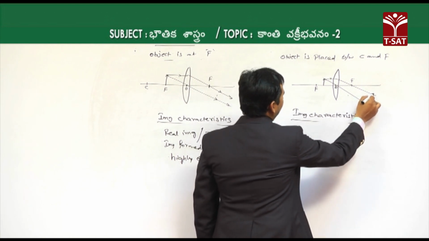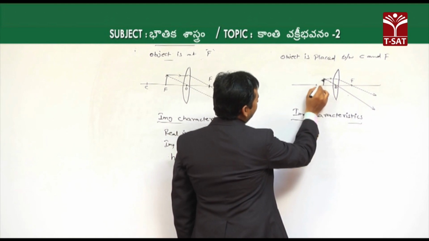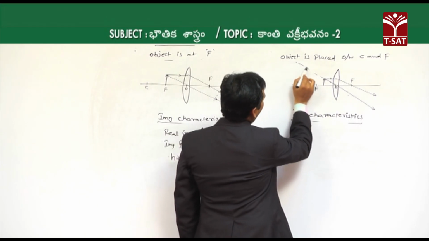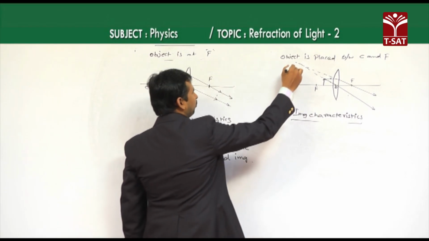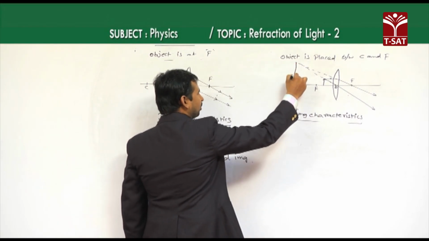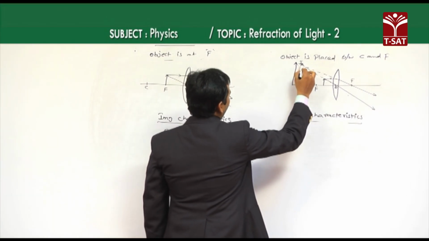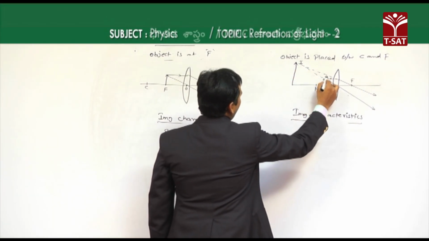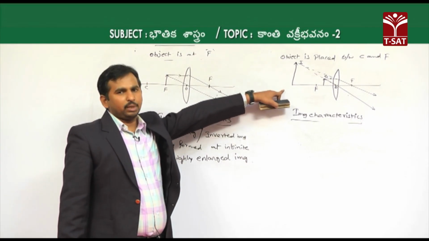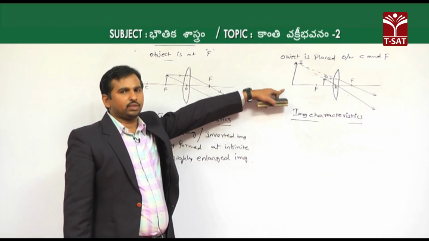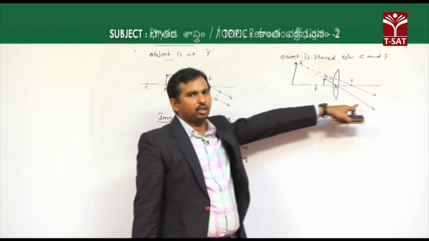Now if you see, both the light rays appear to be diverging. So if you extend them backward like this, both the light rays are going to meet at a point before the lens. So this is our image and this is our object. For the first time here, the convex lens is forming a virtual image, because the light rays are not really meeting at a point.